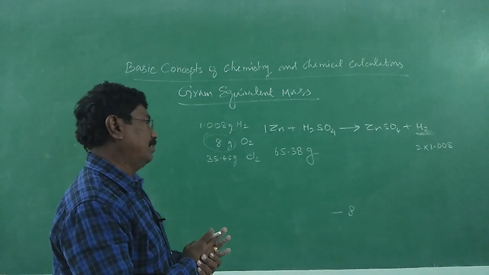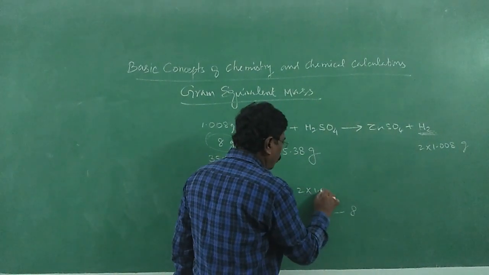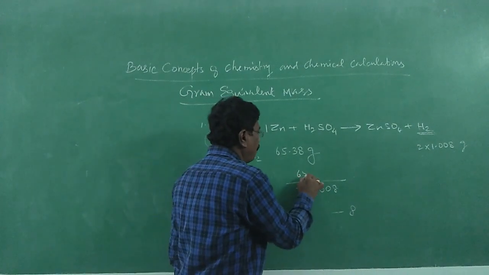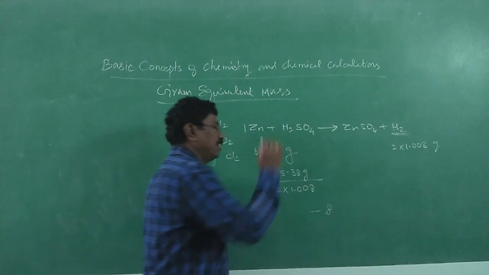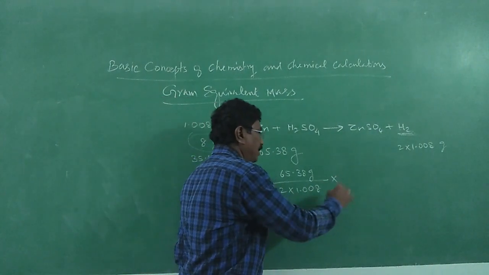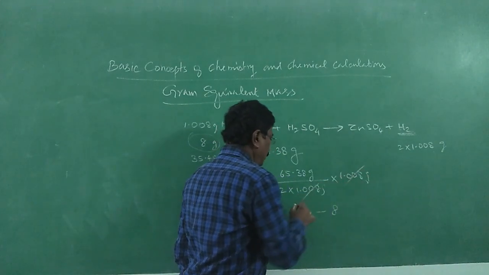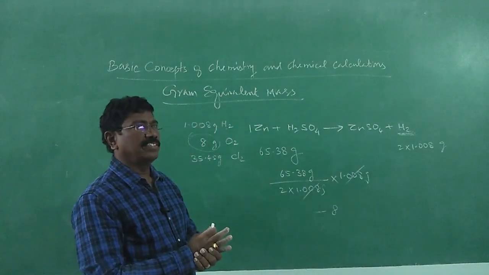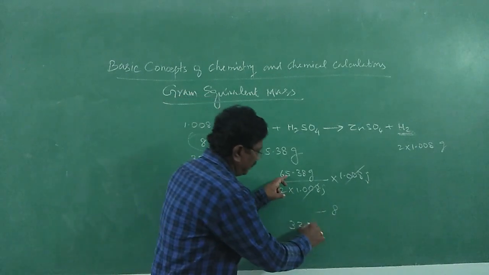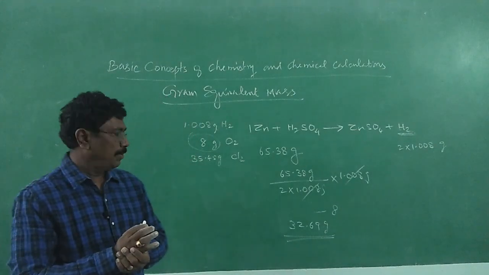So 2 into 1.008 grams of hydrogen is displaced by 65.38 grams of zinc. Therefore, the mass of zinc which would displace 1.008 grams of hydrogen is half of this, which is 32.69 grams. So that is the equivalent mass.